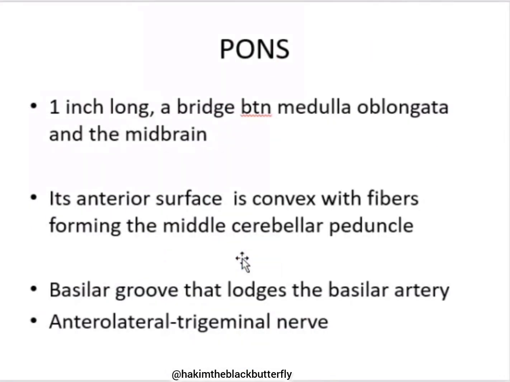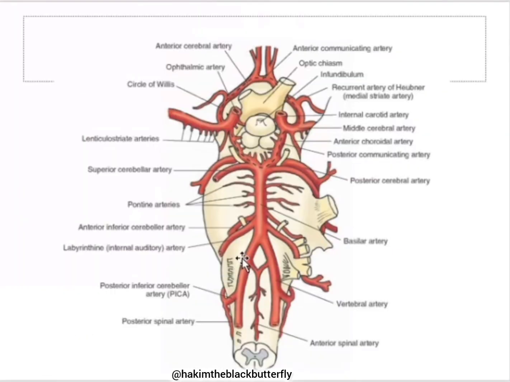The next part of the brainstem, which is superior to the medulla oblongata, is the pons. We have seen that the two vertebral arteries join at the junction of the medulla oblongata and the pons.